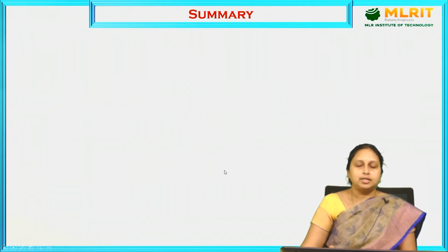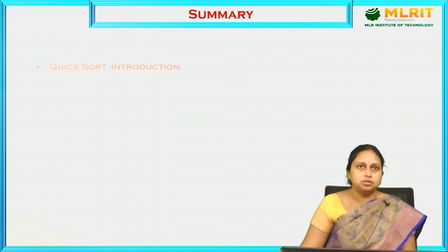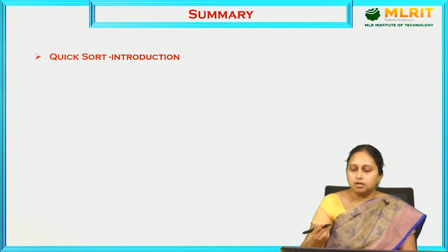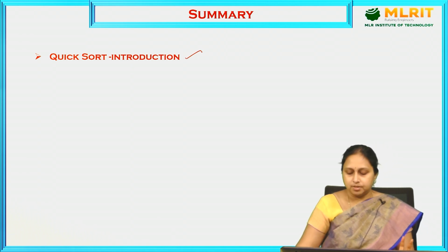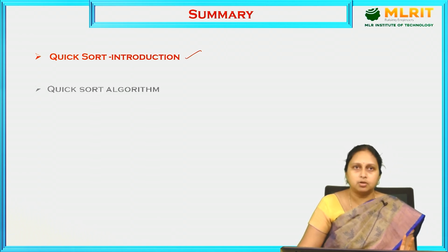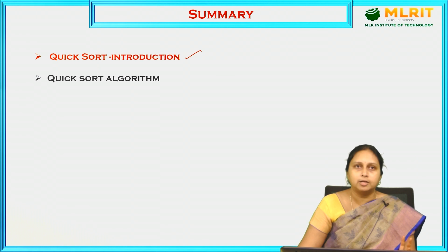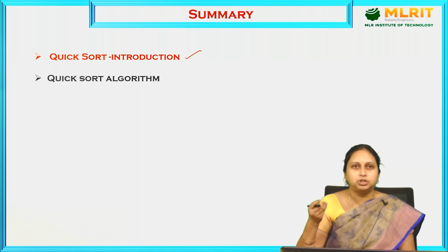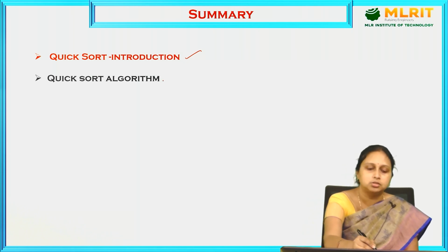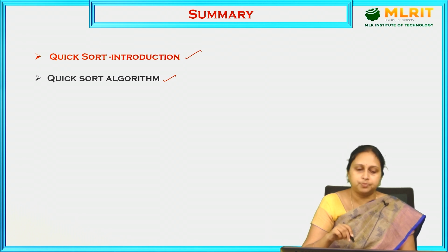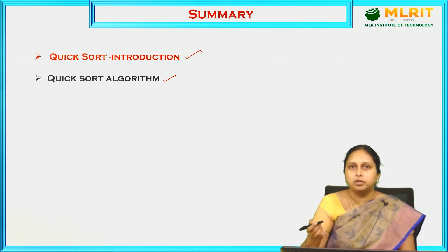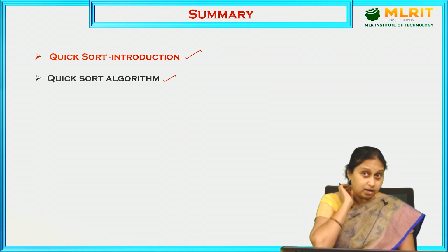Now let us see the summary of today's session, what we have discussed. In quick sort, we have seen the introduction, and we have come across the quick sort algorithm, the steps involved, and how we assign the pivot, i and j values. We also saw when to swap a of i and a of j, and when to swap the pivot and a of j element.